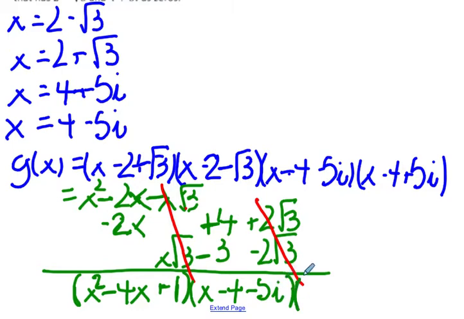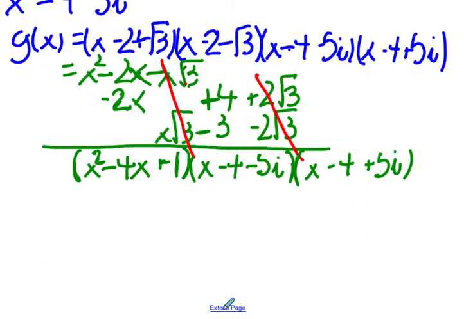And then you also have x minus 4 plus 5i. Okay, so now we need to go through and we need to multiply the two right side parentheses together.